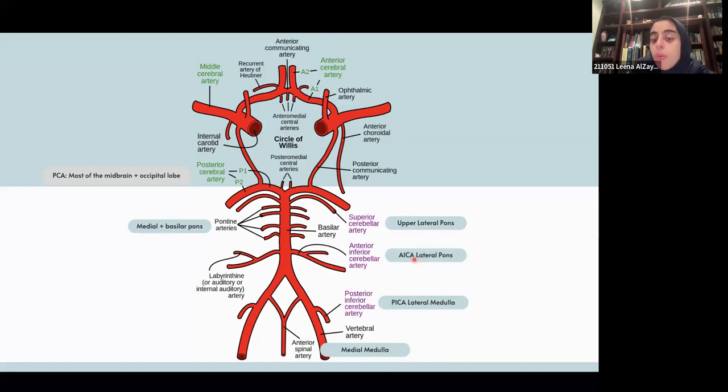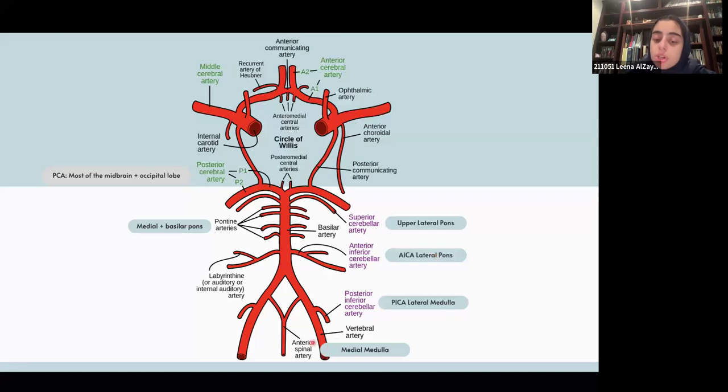The lateral parts of the pons are supplied by the anterior inferior cerebellar artery. So this is posterior, this is anterior. Then the upper part of the pons is supplied by the superior cerebellar artery. Then the midbrain and occipital lobe are fully supplied by the posterior cerebral artery.